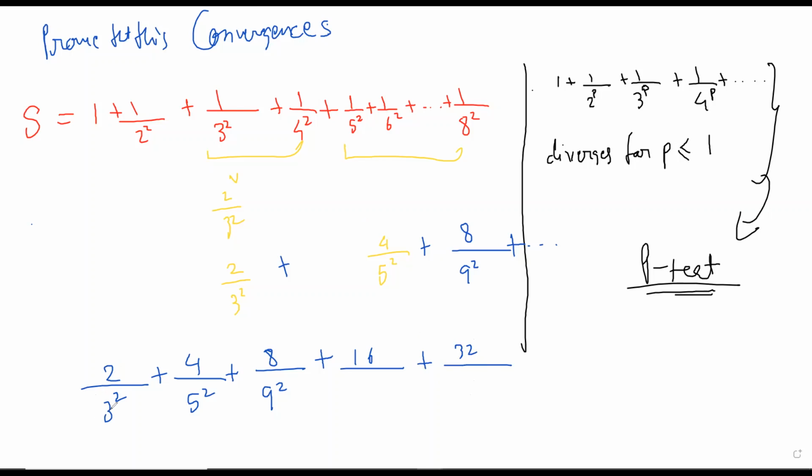What's the pattern between these numbers? That's the question: 3, 5, 9. I know each numerator is in GP. And the denominators, 3, 4, 5, 6, 7, 8, 9. The common difference is in GP.